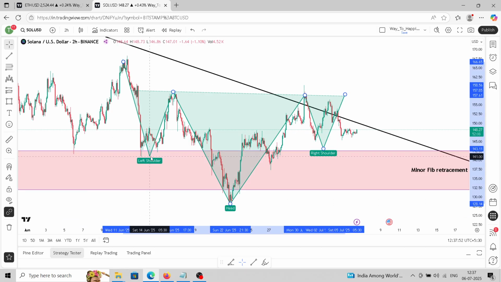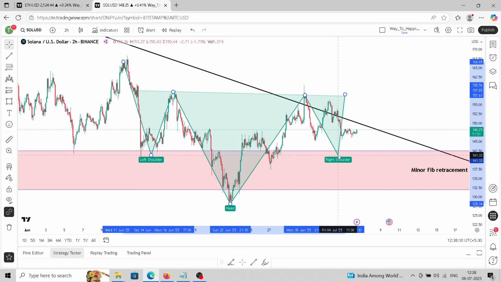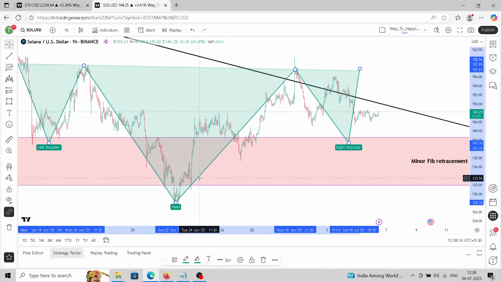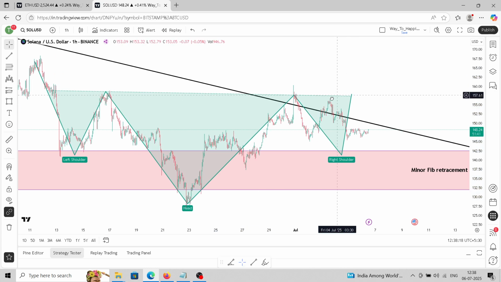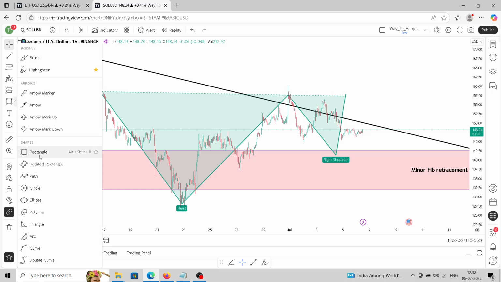2 hours, towards here, here, but this has to be completed, right? And for this to complete, the prices have to come somewhere here. And if it has to come here, first it has to do some action here. So what can happen in the case of Solana is, okay, the prices can behave like this.